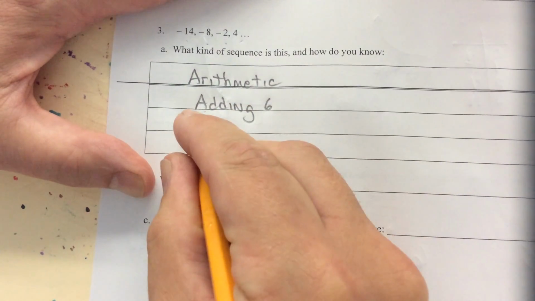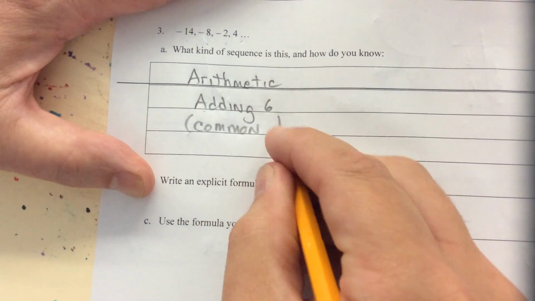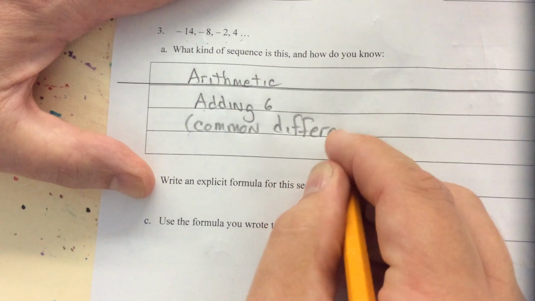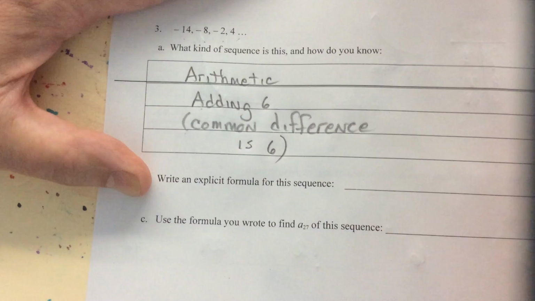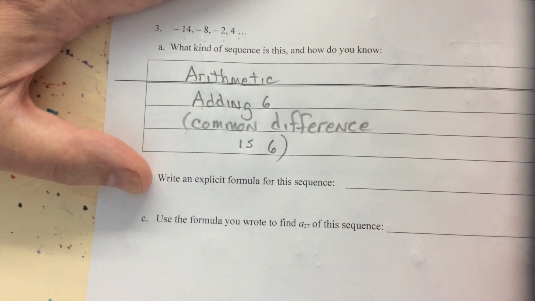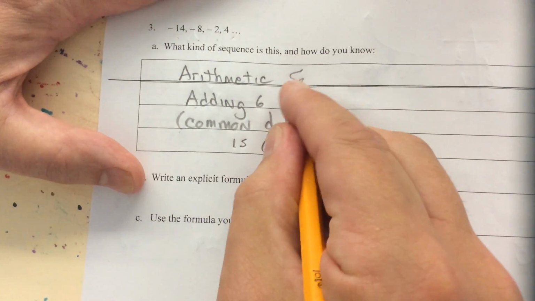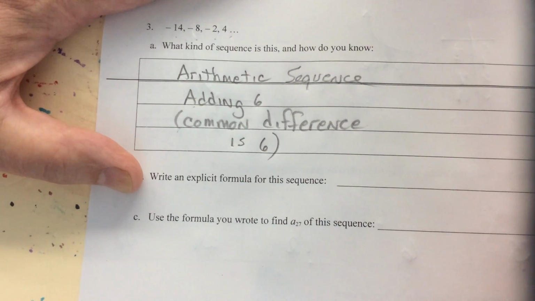And that means that the common difference, that's the phrase we use for this, is 6. That's what you needed to put down here. It's an arithmetic sequence, and we know that because we're adding 6 each time.